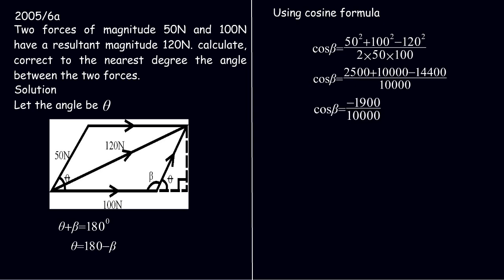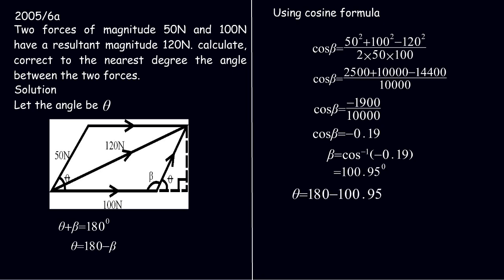And simplifying, cos beta will be equal to minus 1900 divided by 10,000. And when we divide, cos beta will be equal to minus 0.19, and beta will be equal to arc cos of minus 0.19, which is equal to 100.95. So therefore theta will be equal to 180 minus 100.95, which is equal to 79.05 degrees.